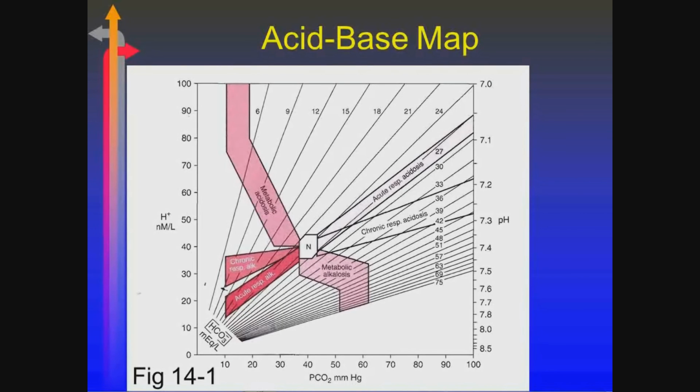And these are basically shaded areas where there are specific respiratory or metabolic problems. The lines are called isopleths, and they are the bicarbonate levels. On the right side is the pH, on the bottom side is the PCO2. Why he includes the hydrogen ion concentration, I have no idea, because no one's going to ever look at that.